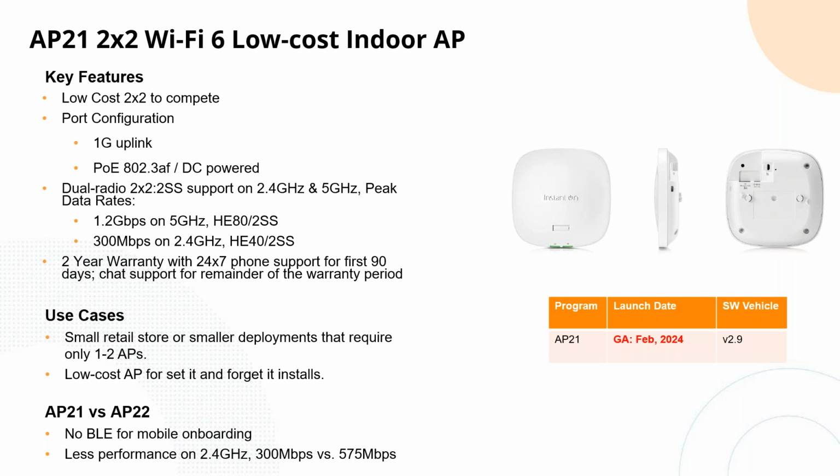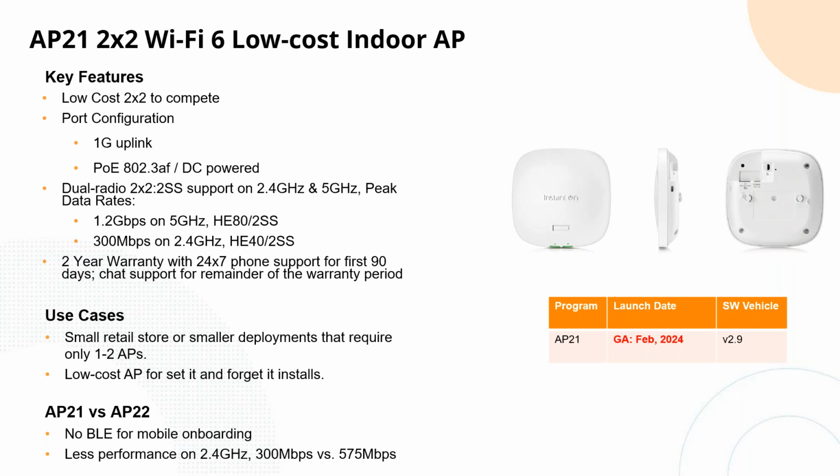Typically, you aren't going to have a ton of bandwidth coming through this for the type of environment that it's supposed to go in. It can be powered via 802.3af power, so the 15-watt power standard, or can be plugged in. Again, think about small retail stores, smaller deployments, right?